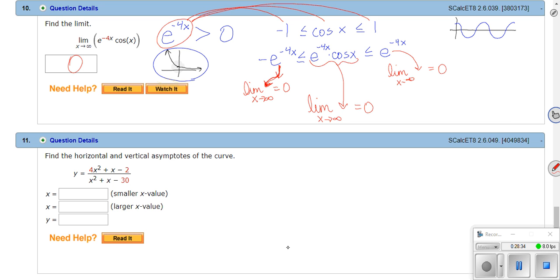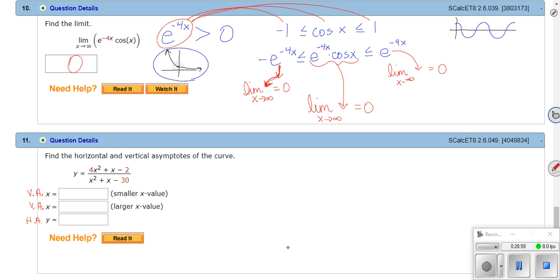Now, number 11, again talking horizontal and vertical asymptotes. The first thing that jumps out at me is this is going to be your horizontal asymptote, and these are your vertical asymptotes, because for vertical lines, the graph is x equals whatever.